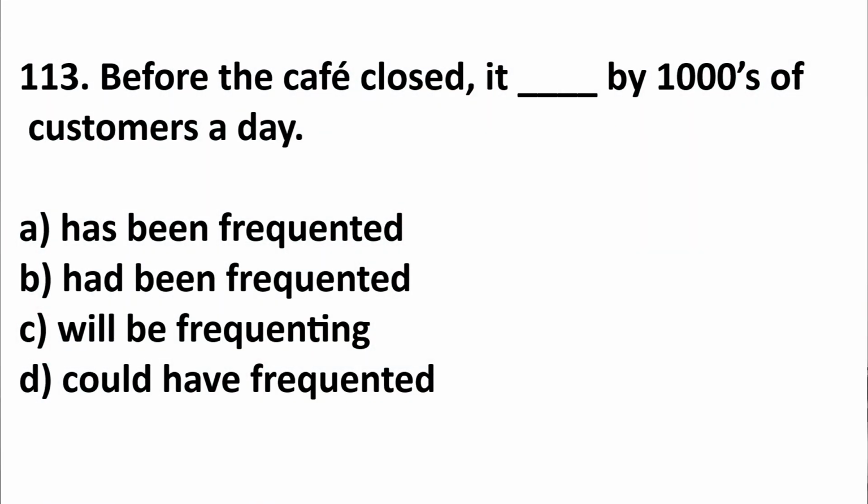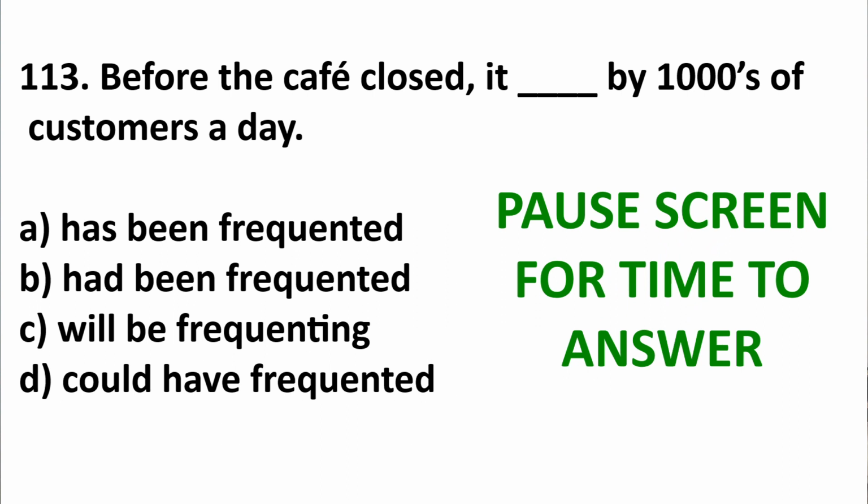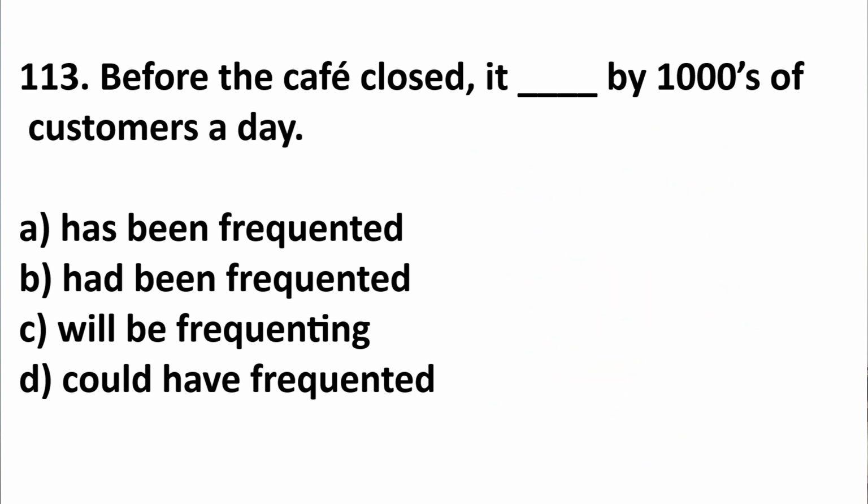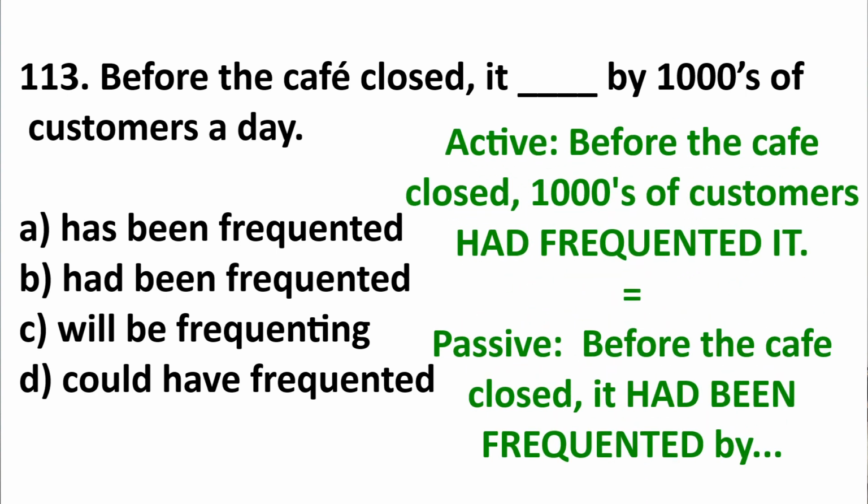Let's look at number 2. Before the cafe closed, it by thousands of customers a day. Well, we won't say it has been frequented because it's already closed. So we don't need present perfect. It's not still open. So remove A. The answer here is B. Had been frequented.